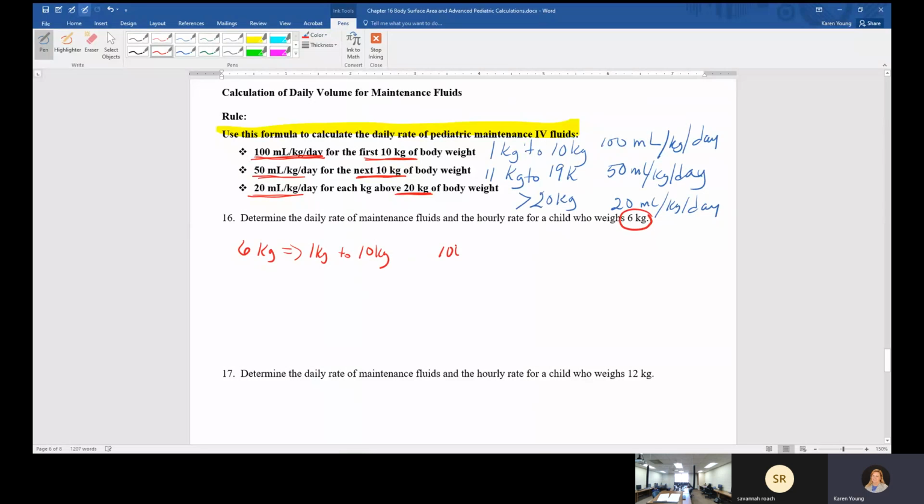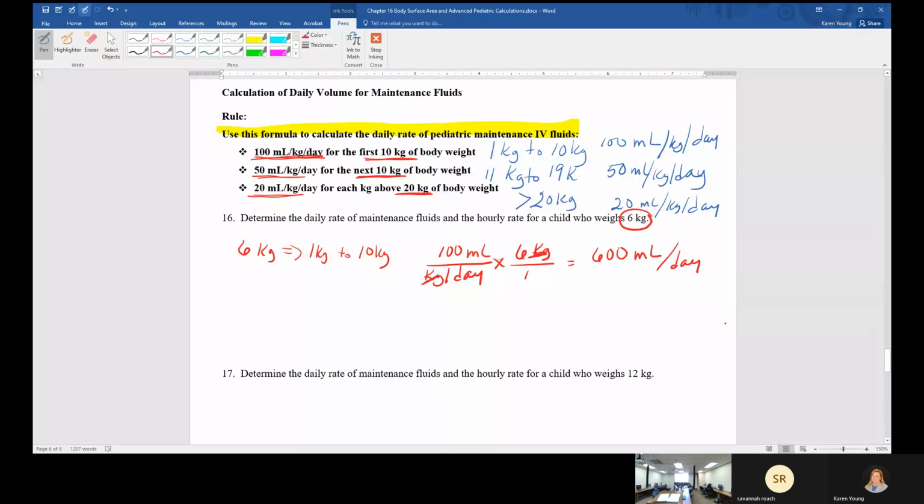So they're going to get 100 milliliters per kilogram per day, and we have to times it by their weight. So my kilograms will cancel. 100 times 6 is 600 milliliters per day. That's all the IV fluid they're allowed. And that's not much, but we're talking about a child that weighs 6 kilograms. We're talking about probably a very sick infant.